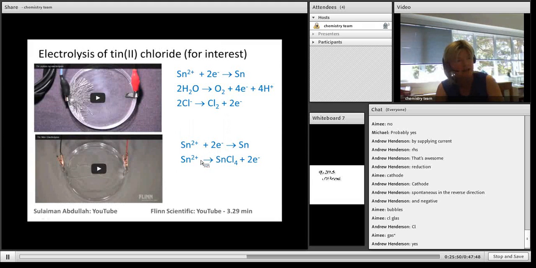What we have here is Sn2+ is not only being reduced to form tin, it's also being oxidized. What is the oxidation number of tin in SnCl4? Can you work it out?